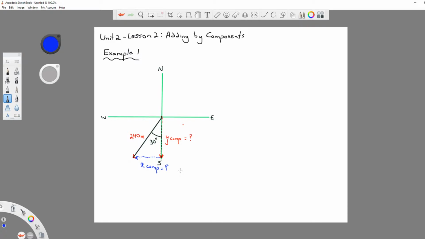First one I'm going to solve for, since I have my blue marker out already, I'm going to solve for the x value, this one across here. Remember, you can also measure it along here if you like to, like across and then down, whatever floats your boat. Okay, so I'm going to say that this vector x is equal to, well, we have to know our trigonometry laws here.